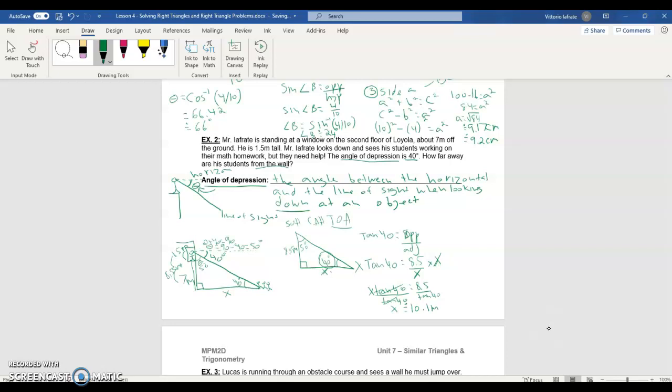So this distance is 10.1 meters. And you can say, therefore, students are 10.1 meters away from the wall.